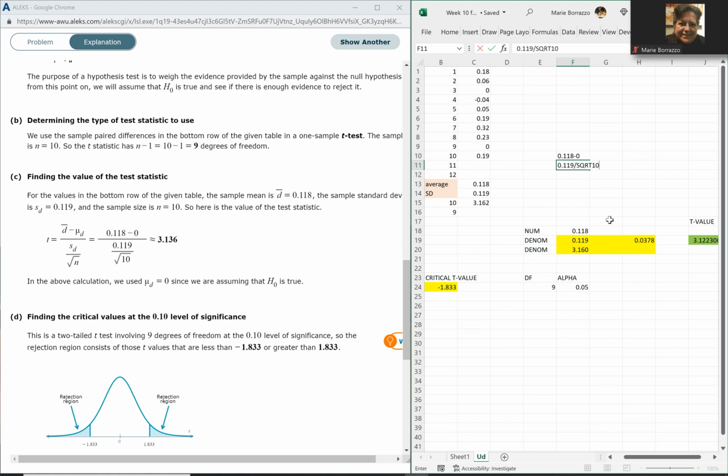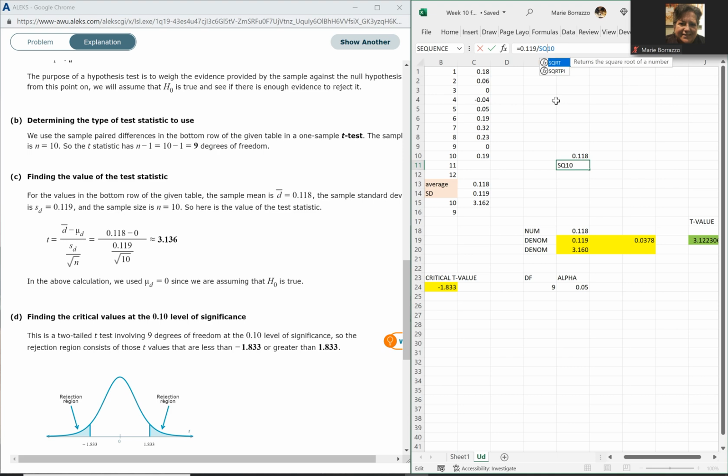So basically it's that formula. Okay, so I'm going to come up here and say equals. The square root is not reacting.